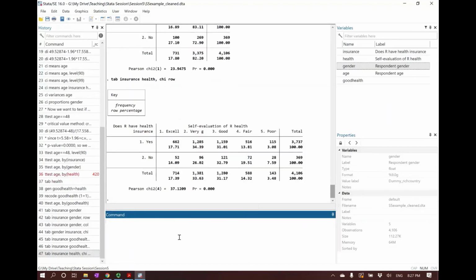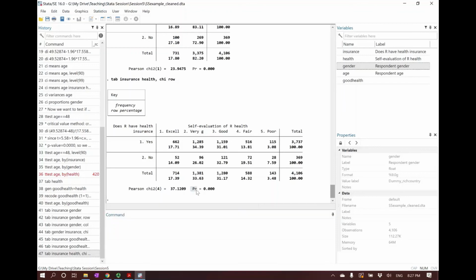So I'm going to click enter. We could still produce this two-way table, and we could still have a chi-square test, and the p-value is still small and statistically significant at the 1%, 5%, and 10% significance levels. Okay.